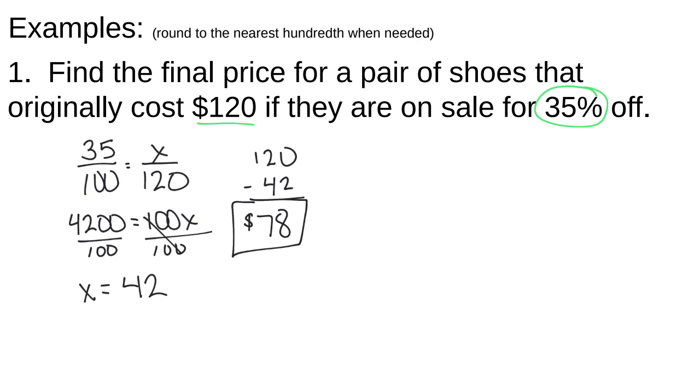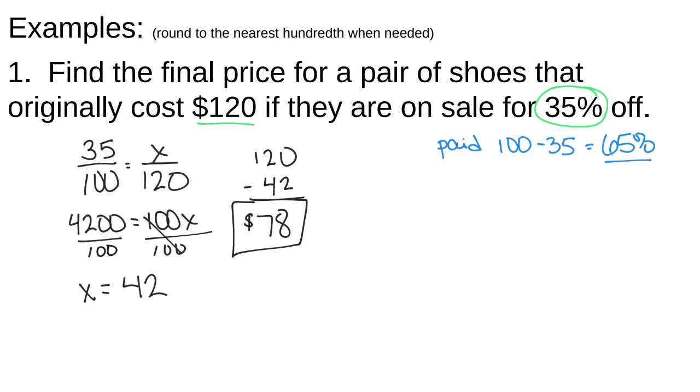Well, if we saved 35% out of 100, then we paid 100 minus 35, or 65%. We are saving 35%, so we are paying 65%.